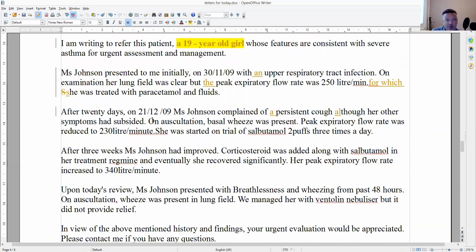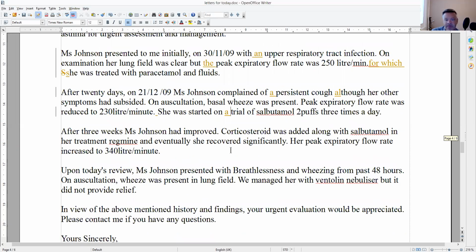Right. So you could join these up, on auscultation, basal wheeze was present, and the peak expiratory rate was blah, blah, blah. She was started on a trial, you can count that, it's countable, of salbutamol 2 + 3 times a day. After 3 weeks, Miss Johnson had improved.